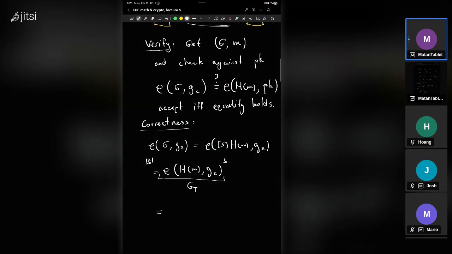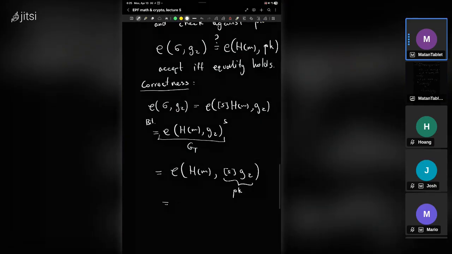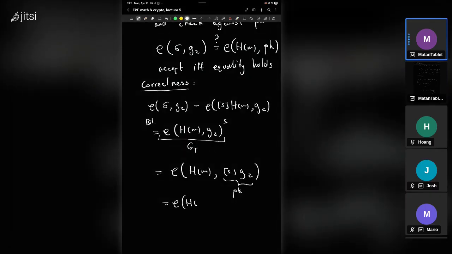And also by bilinearity in the second argument, this has to be equal to E of H(M) and, because I have an additive group, I write sG2. But sG2 is by definition the public key, I mean, if the signer was honest. So indeed, I get E of H(M) and the public key.